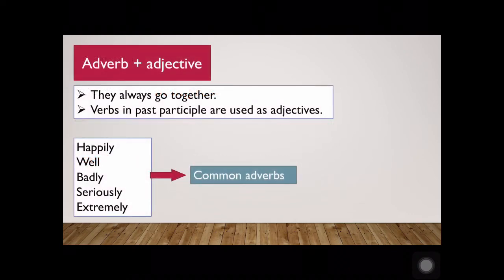The last group of words that we're going to check are adverbs plus adjectives. Now, in this case, let me tell you something. When I say together, that doesn't mean that the words go literally together. No. It means that maybe they cannot be separated by another word.